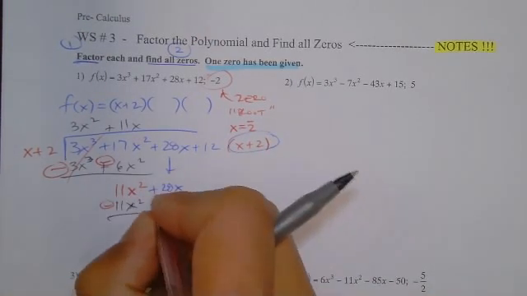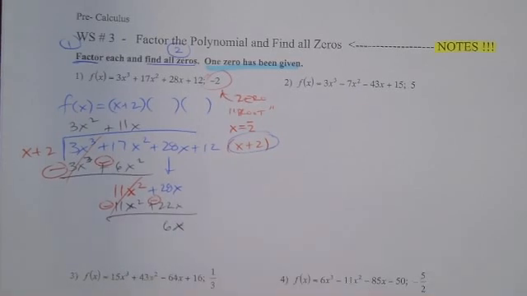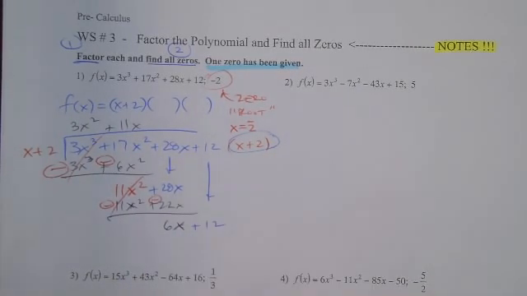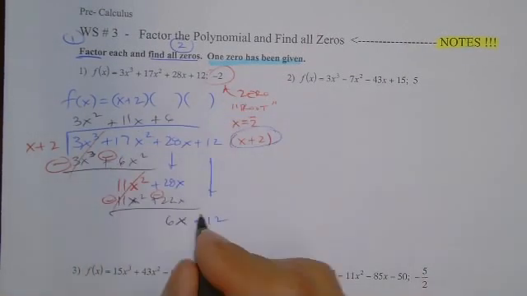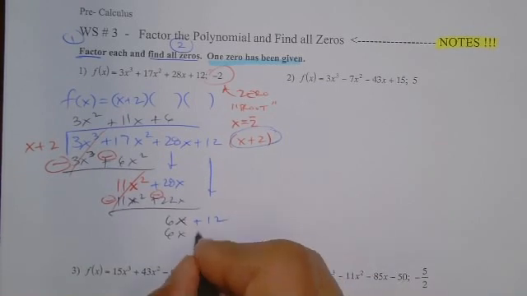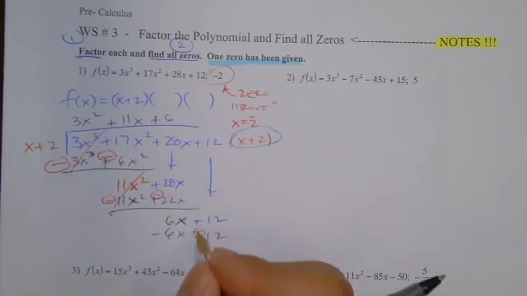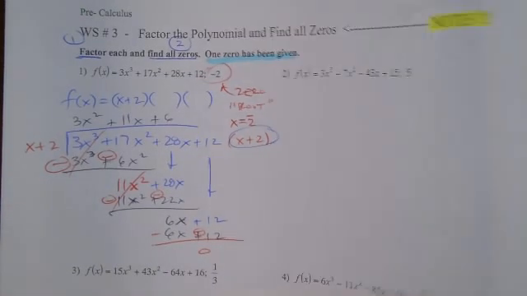Subtract or change the signs. That'll give you 6x. And then drop the next one, or this last one here, and that's going to be plus 6. This is an indicator that you're doing it right, because when I subtract, you're going to get remainder 0. So what have you just figured out?